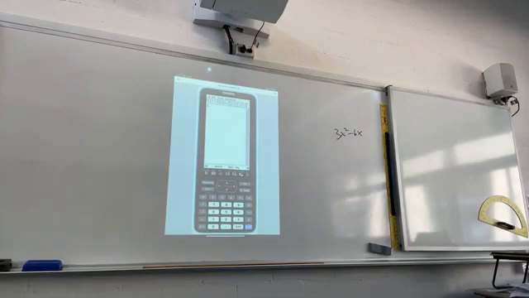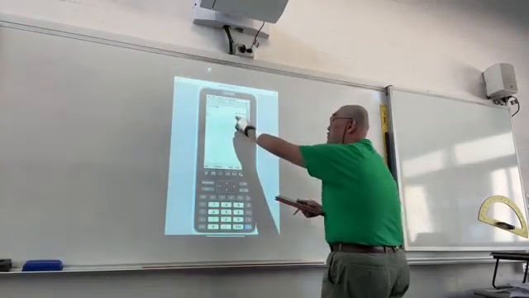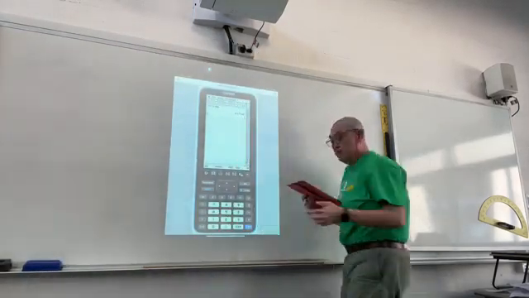Please make sure that you clear your variables. So what you want to do is type in 3x squared minus 6x. Now, ClassPad shows you 3 times x squared minus 6x.